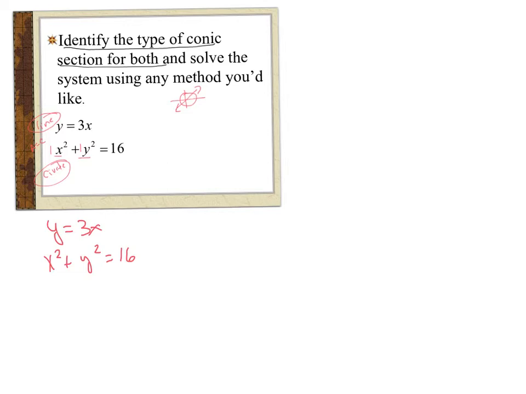It's already set up for y equal to 3x. So I'm going to solve by substitution, and I'm going to plug that 3x in for y. And be careful here. When I plug in that 3x, it's that whole thing squared. So I put in parentheses. Don't mess that up. Okay?